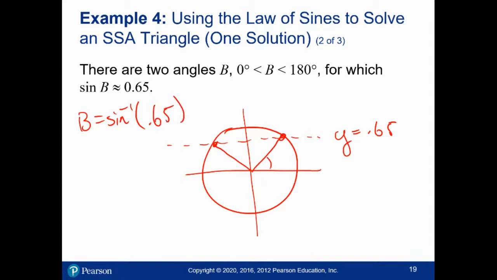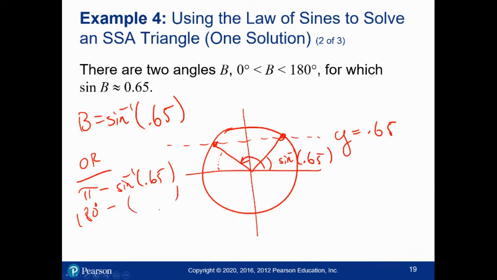It gives me the quadrant 1 solution. So now, that means by symmetry, this angle is the same, which makes this angle pi minus the arcsine of 0.65. Assuming we're working in radians, if we're in degrees, it would be 180 degrees.